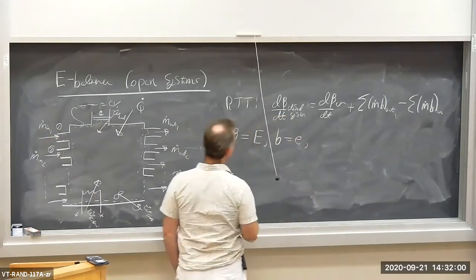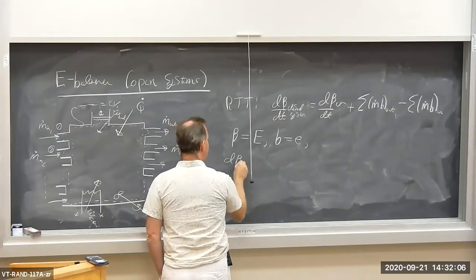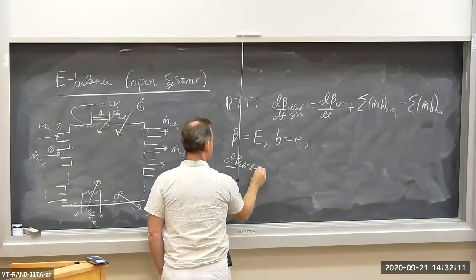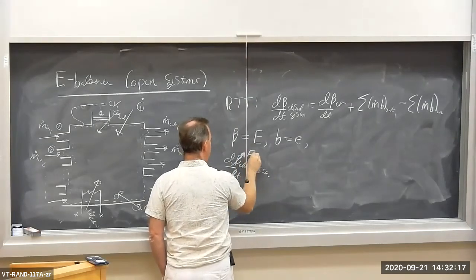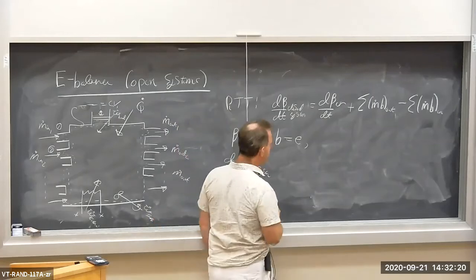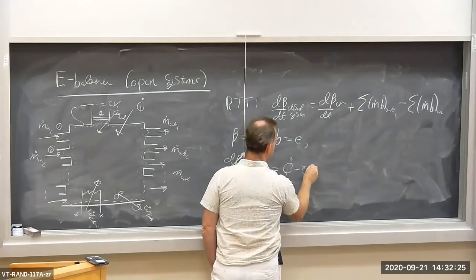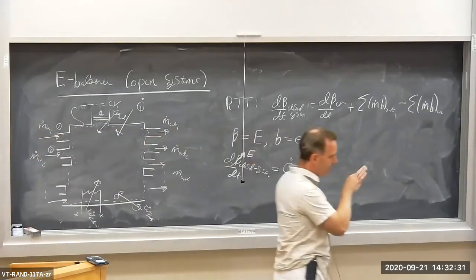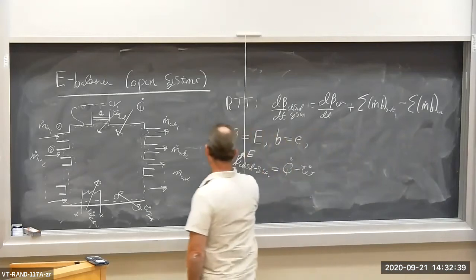The time rate of change of energy within my closed system, d beta closed system dt, where beta is total energy, dE dt, is equal to the heat added minus the work done. So you go back and look at that table where I had different values for beta, and I had the closed system energy and mass balance. You'll see these terms in that table.